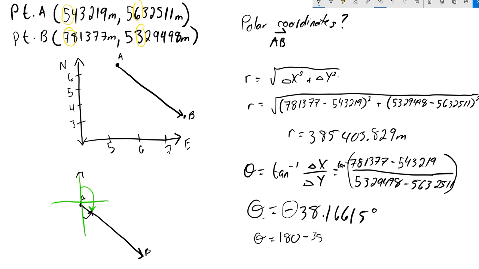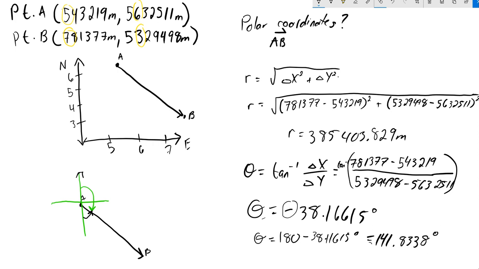minus, it's actually adding this 38.16615 degrees. Okay, so it's adding the negative. So it subtracts it off so that we can actually get this angle in here. So when we do that, I get 141.8338 degrees.